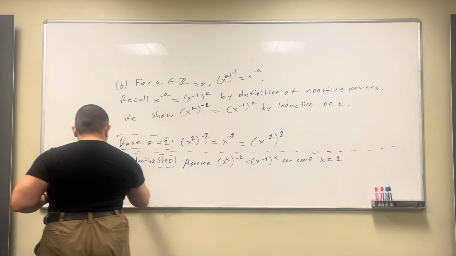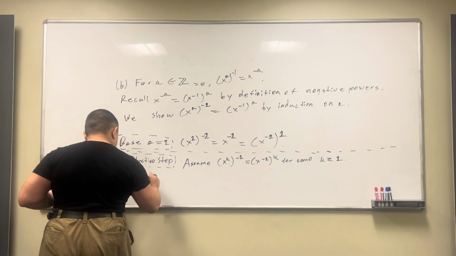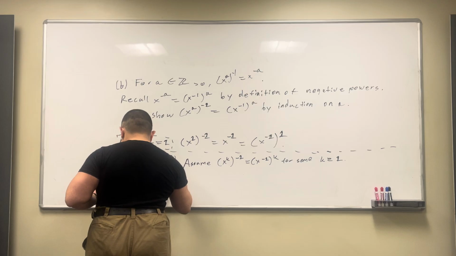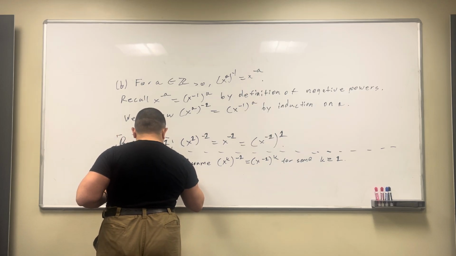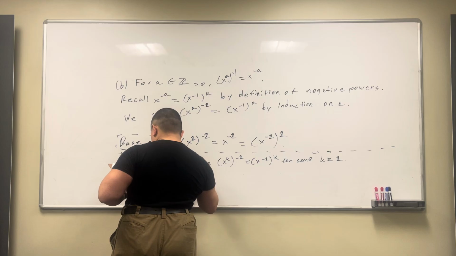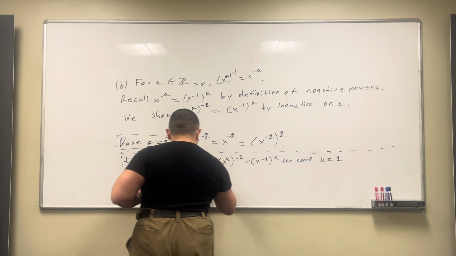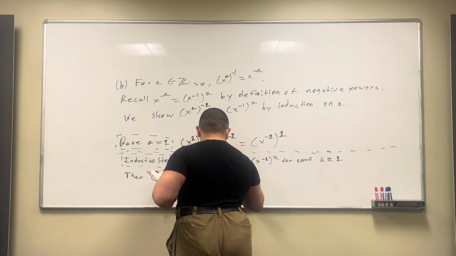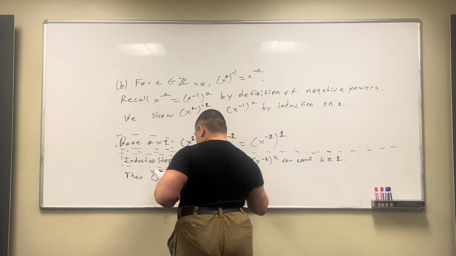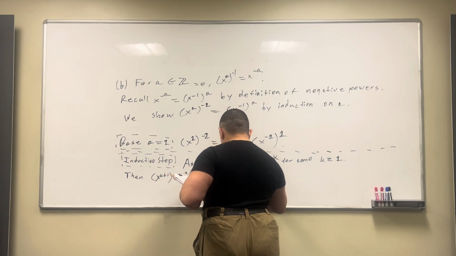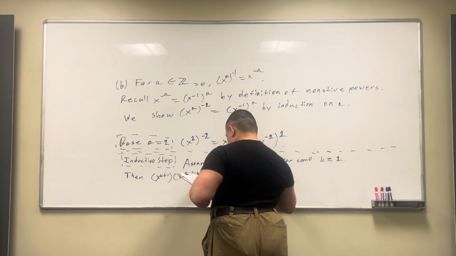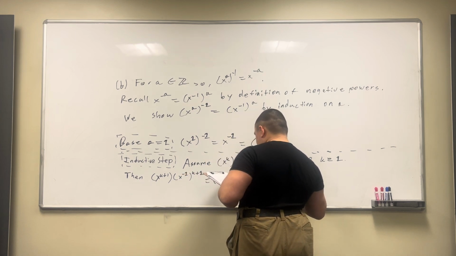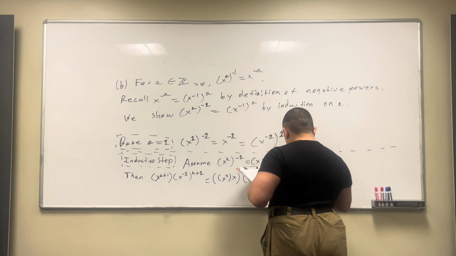Then (x^(k+1))^(-1) is equal to ((x^k)·x)^(-1), which is equal to (x^(-1))·((x^(-1))^k)... which is equal to x^k, open parentheses x.